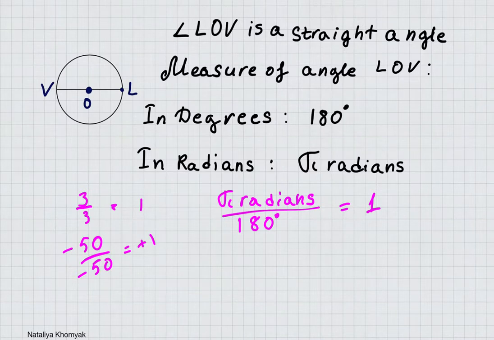Similarly, if you take 180 degrees and you divide it by pi radians, the result is also 1. You're going to take one of these ratios, which is equivalent to 1, and multiply any angle measure in order to convert between degrees and radians.